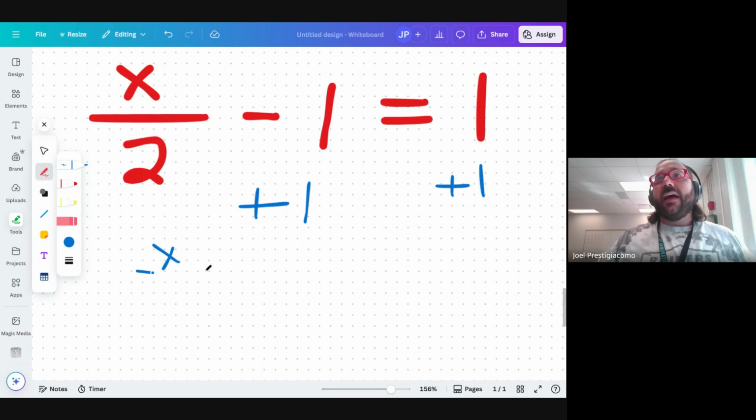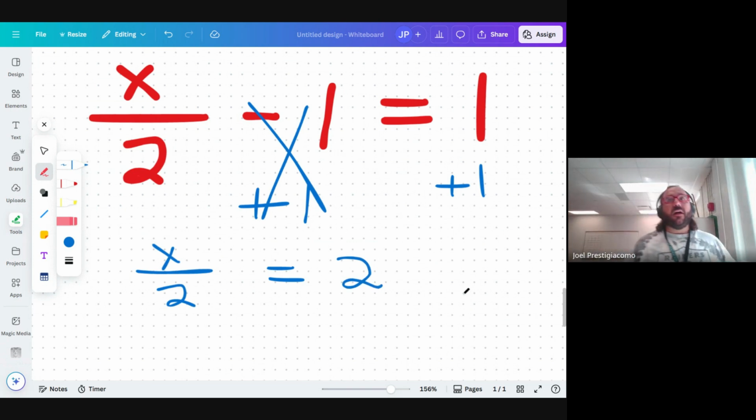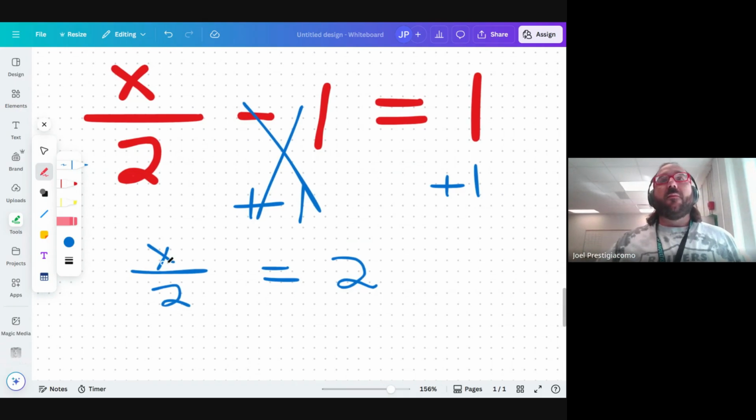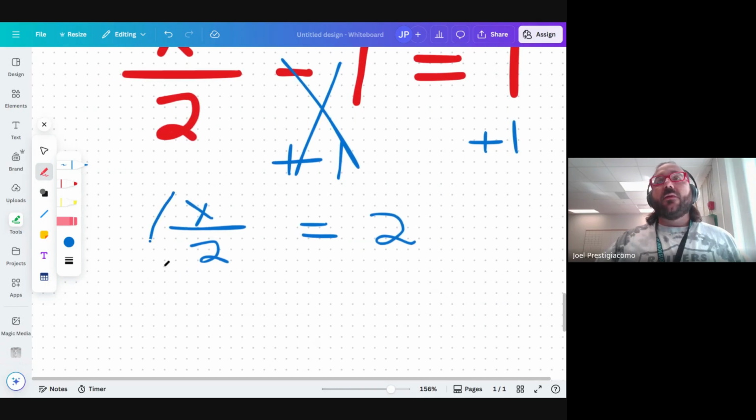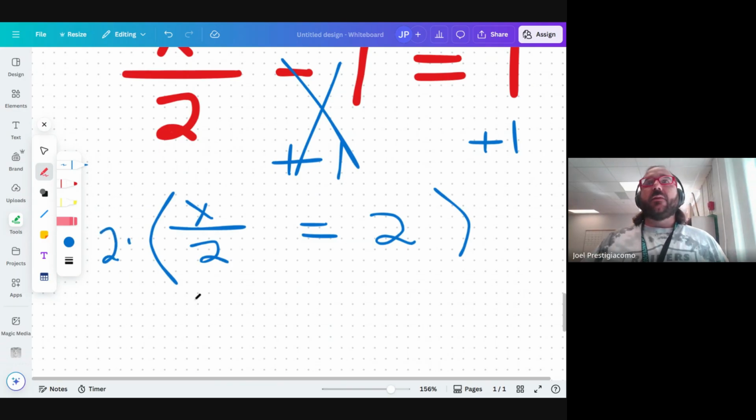And this gives us x over 2, this cancels, equals 2, right? So we undo minus with a plus. We undo division with multiplication, right? So since we are dividing by 2, I'm going to multiply both sides by 2, right?